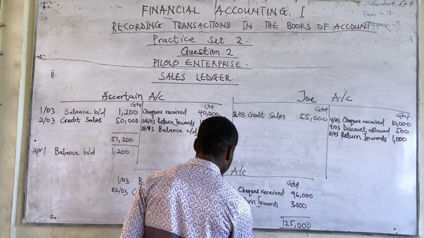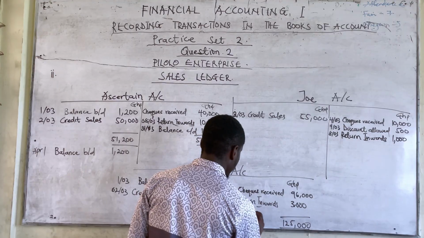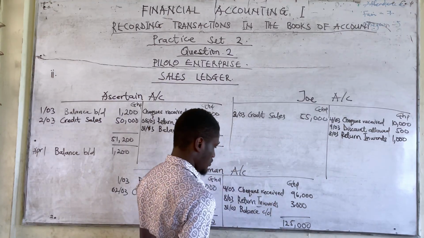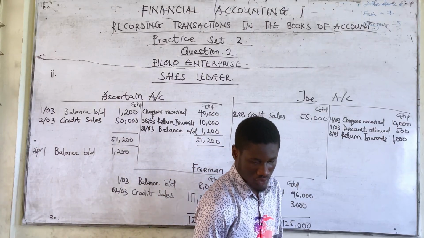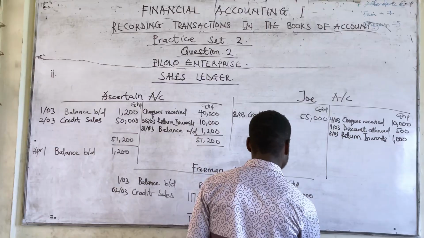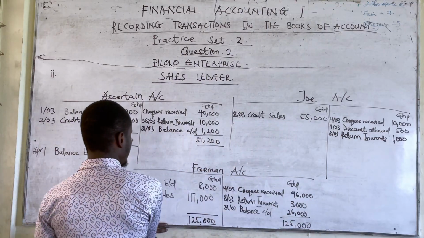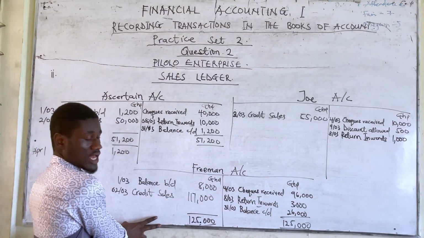Then we find our difference, our balance c/d. We know that the difference is going to be 26,000. Good. There's no space here, so after this one, we have to bring it forward.